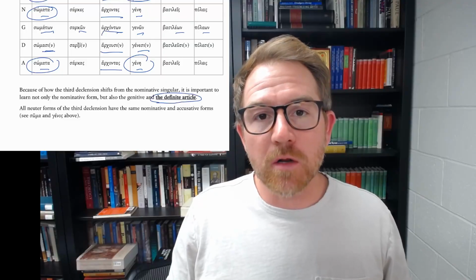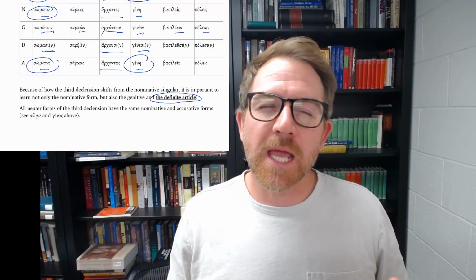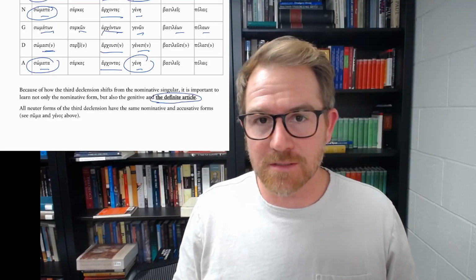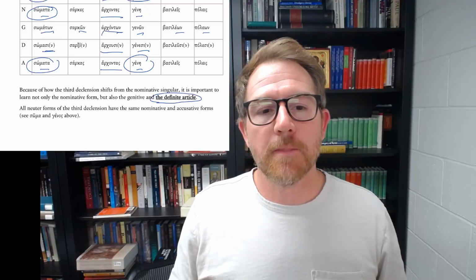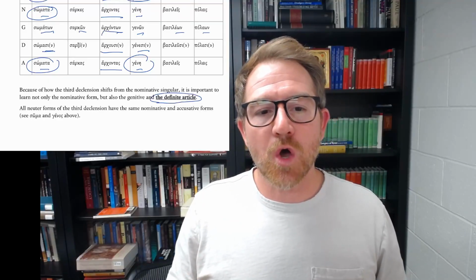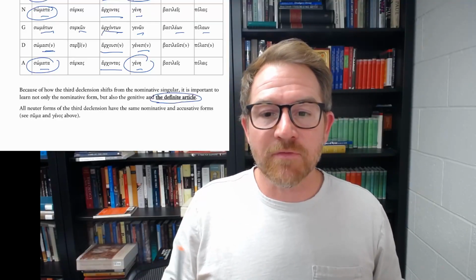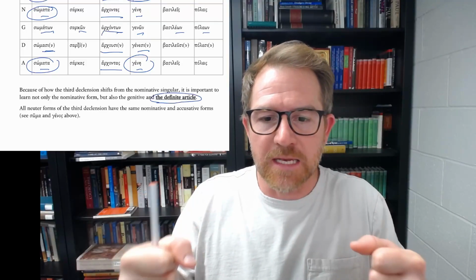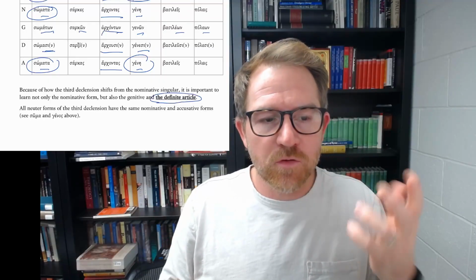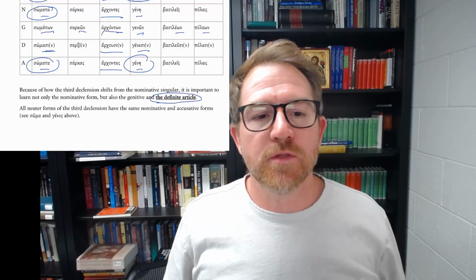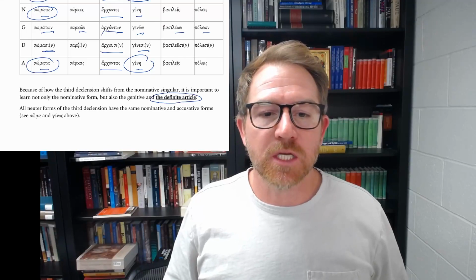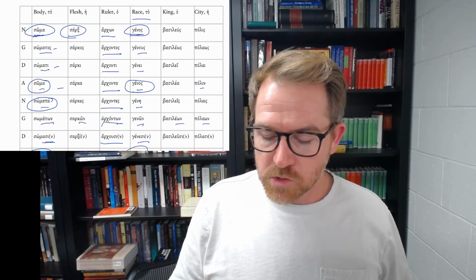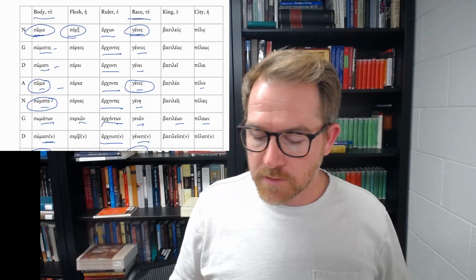So if you know your definite article, even if you're a little fuzzy on your third declension endings, which you will be, because I'm not asking you to memorize them, it will help you to know, oh, I've got the definite article nailed down, and so when I see this definite article with this noun, I can connect them. And again, as we've already pointed out, neuter forms of the third declension have the same nominative and accusative forms, in neuter words like soma and genos.